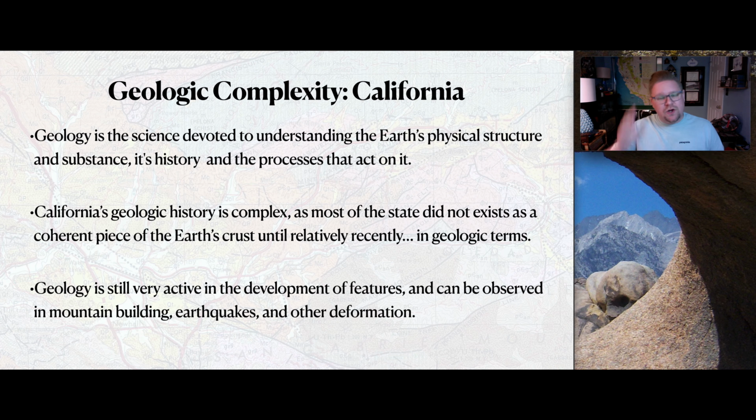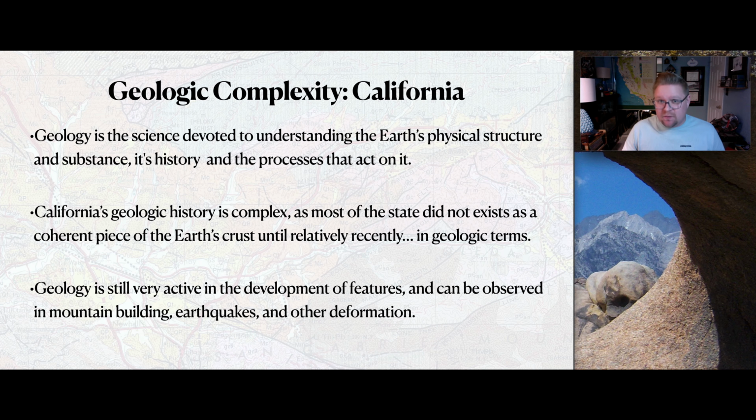Now, we know that California has a dynamic past and future, and we'll talk more about that later in this presentation, specifically about the geologic past and some of those really iconic time periods. But this is a great point to start bringing in just the idea of geologic time. As humans, we don't understand geologic time. It's very hard for us to put into a relationship what 1,000,000 or 300 million years looks like.